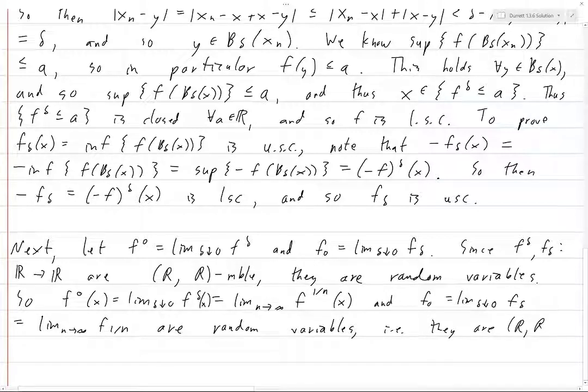The only reason that I'm using the notation random variables here, I guess this isn't really necessary, but what we proved previously is that limits of random variables are measurable.